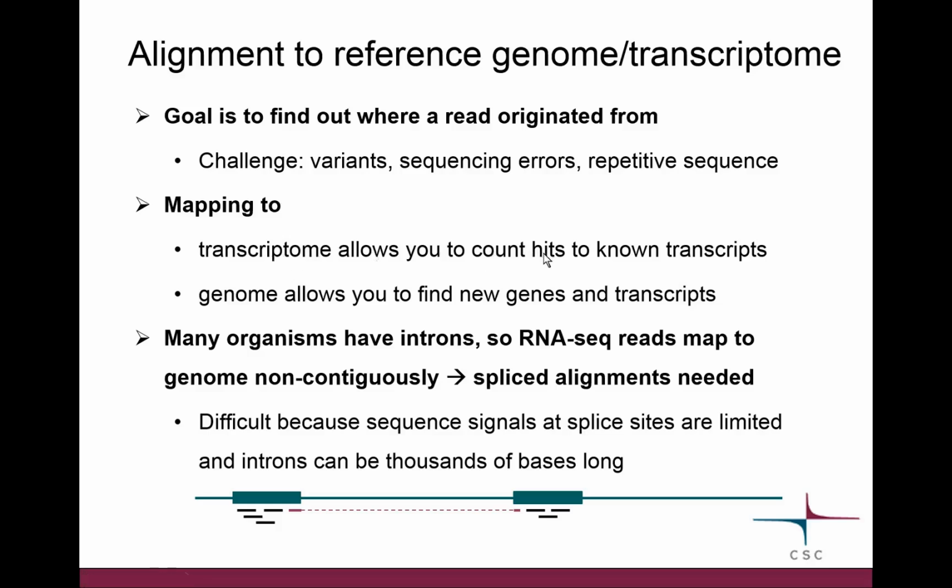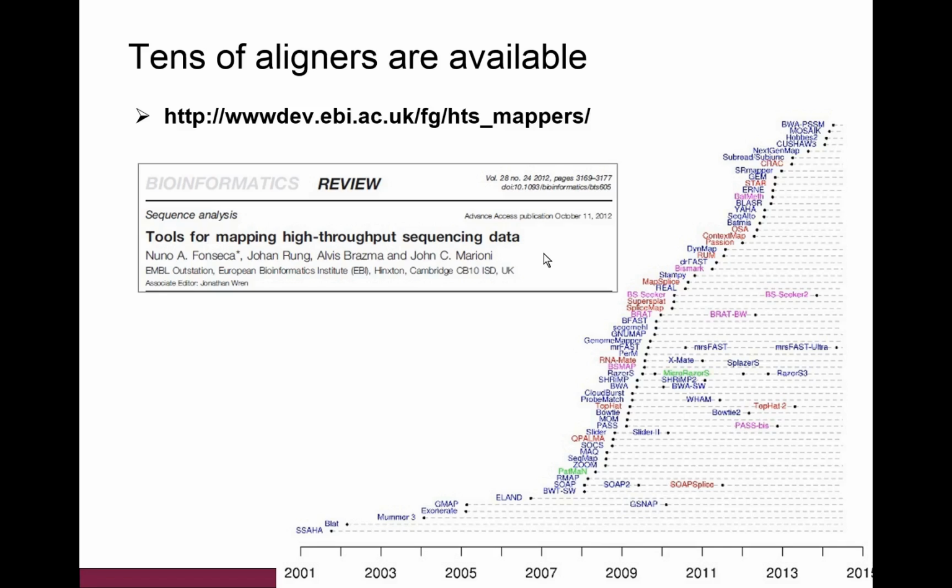Because when you map directly to the transcriptome, as you know, one gene can have several transcript isoforms. And if the read comes from an area which is common to all these different isoforms, then it's difficult to say with any certainty from which isoform of that particular gene the transcript came from. So usually we map to the genome.